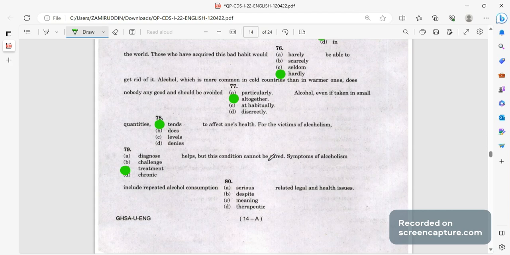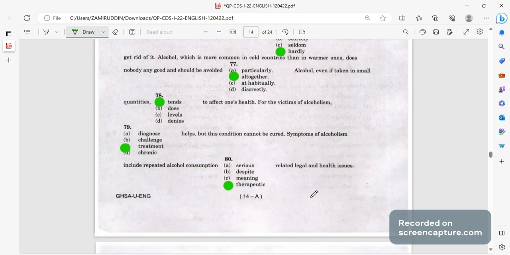Symptoms of alcoholism include repeated alcohol consumption, therapeutic related, legal and health issues. The correct answer is repeated consumption, therapeutic related, legal and health issues.